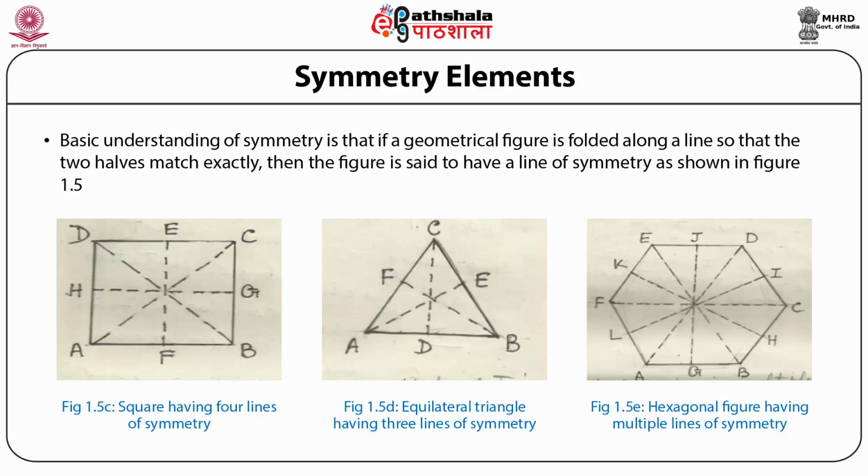Similarly, let us take the line FC, which divides the hexagon into two parts, which are the mirror images of one another. CDEF being the mirror image of CBAF, and so on. So this way we can say that a regular hexagonal figure has multiple lines of symmetry.